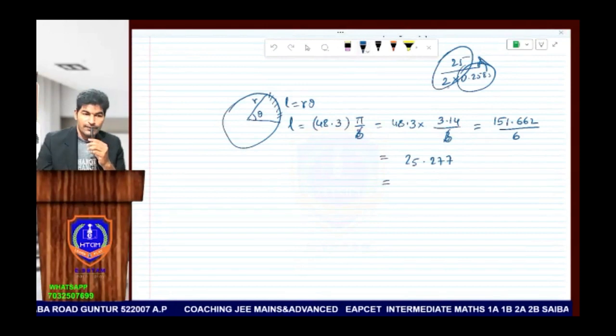And you have to adjust one decimal. Just take 25.3 approximately. So that is the answer.